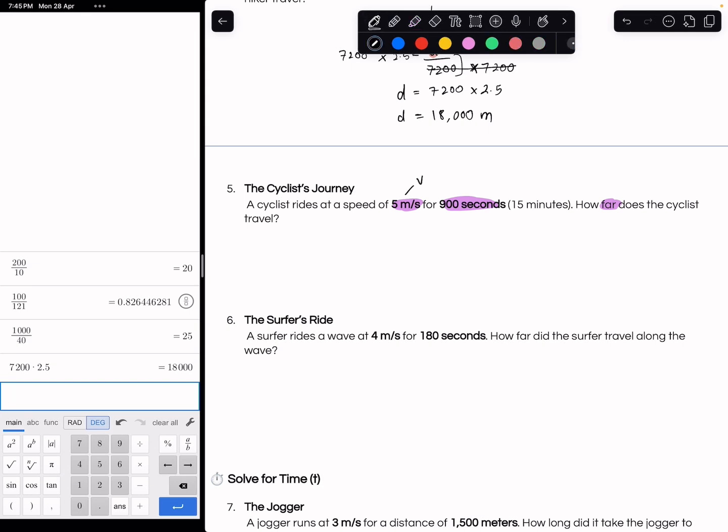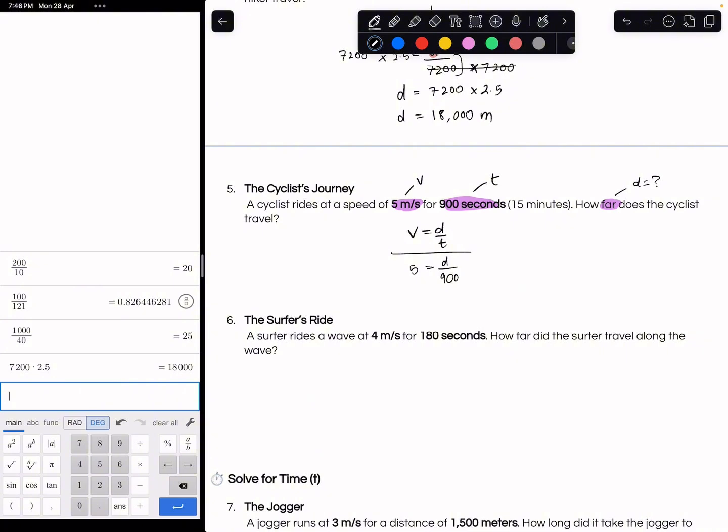We've got velocity, we've got time, but we need to find the distance again. First step is to write the equation, v equals d over t. Substitute what we have. We've got 5 meters per second equals the mystery distance, and we've got 900 seconds, which is our time.